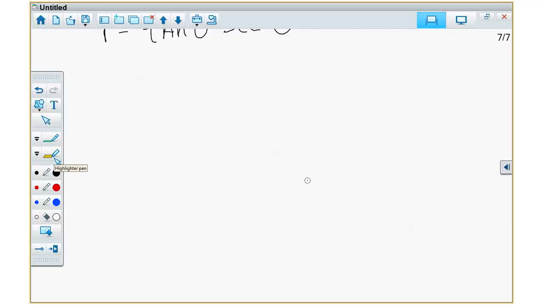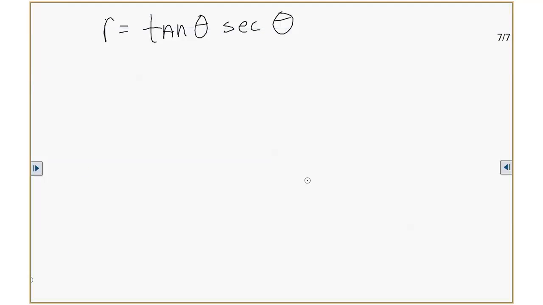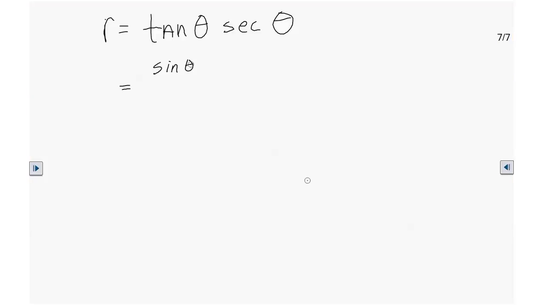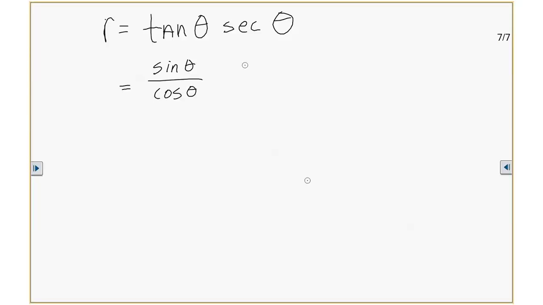All right. So y'all give up yet? What is a tangent? Reciprocal identity for tangent: sine over what? What's secant?